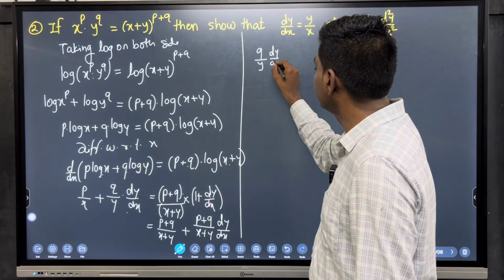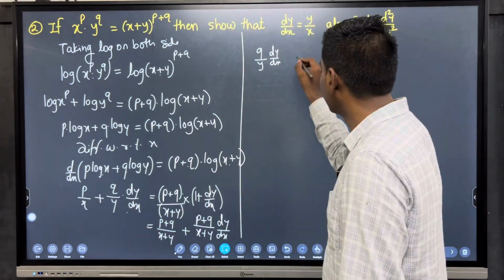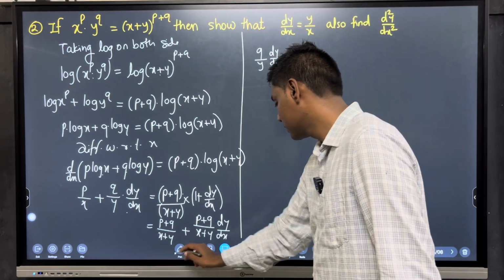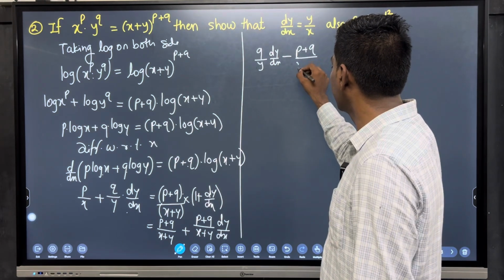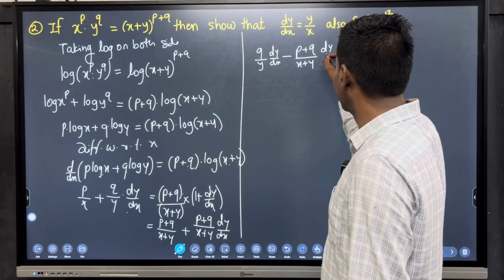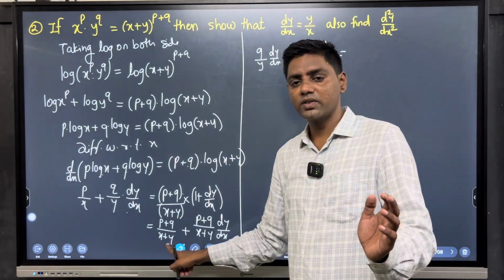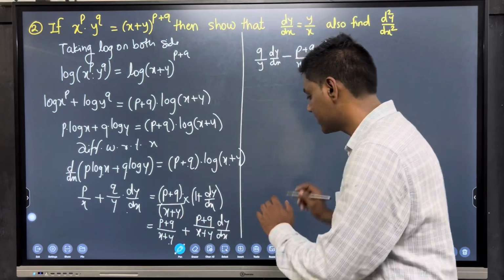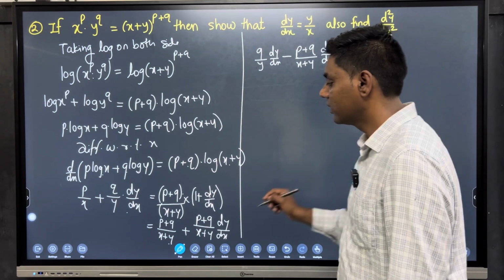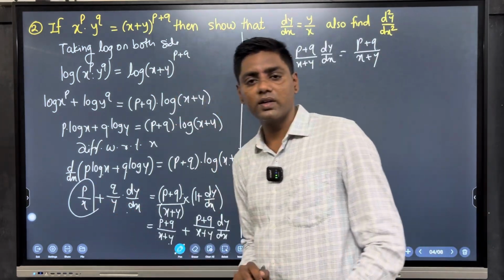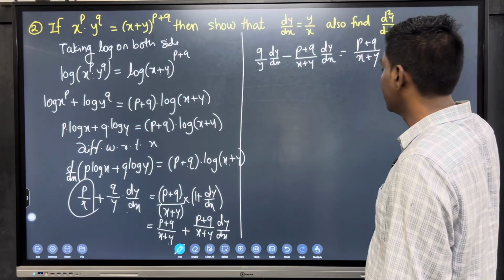This term is positive, goes to that side, it becomes negative, so minus p plus q divided by x plus y into dy by dx equal to, this is the non dy by dx term, already on the right hand side as it is, p plus q divided by x plus y, and on the left hand side p divided by x, this is the non dy by dx term, take this side, it becomes minus p divided by x.